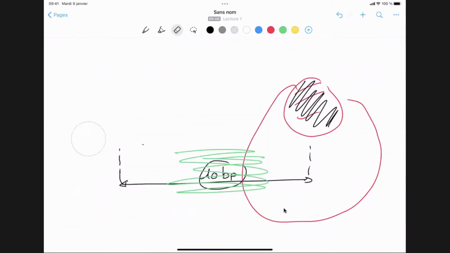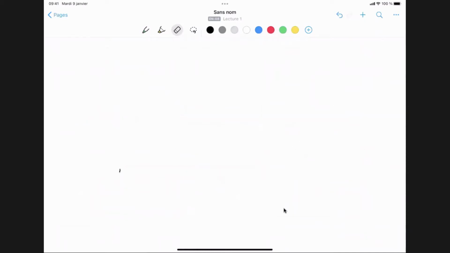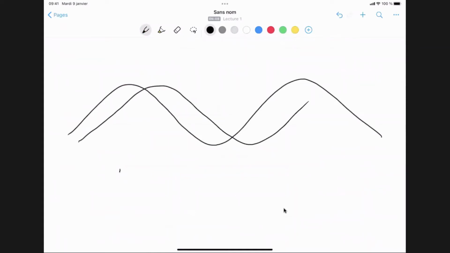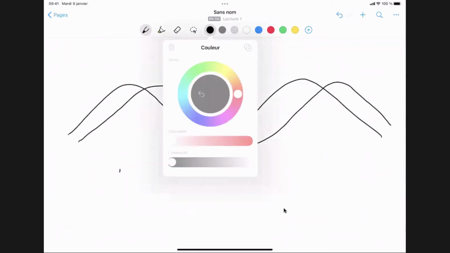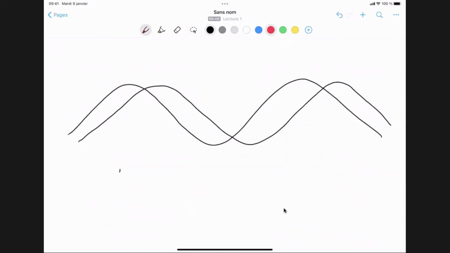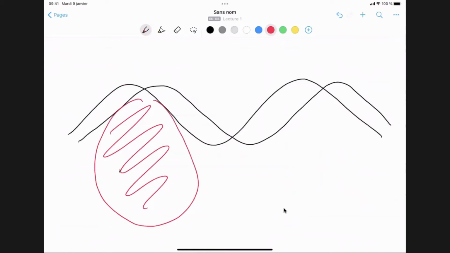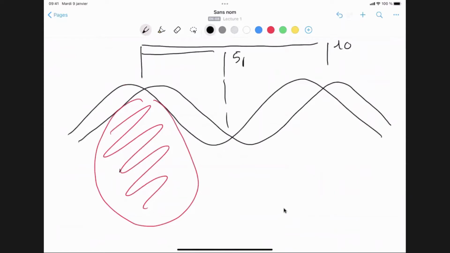Okay. If the two sites of the proteins are separated by 5 base pair, it means one protein is here, at the major groove. From here to here it's 10, but from here to the middle it's 5 base pair.